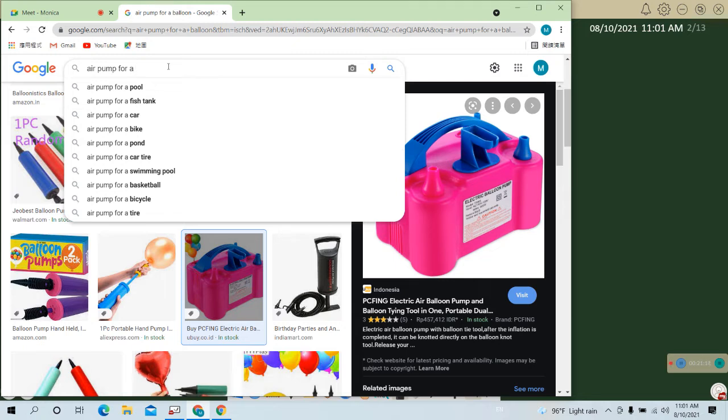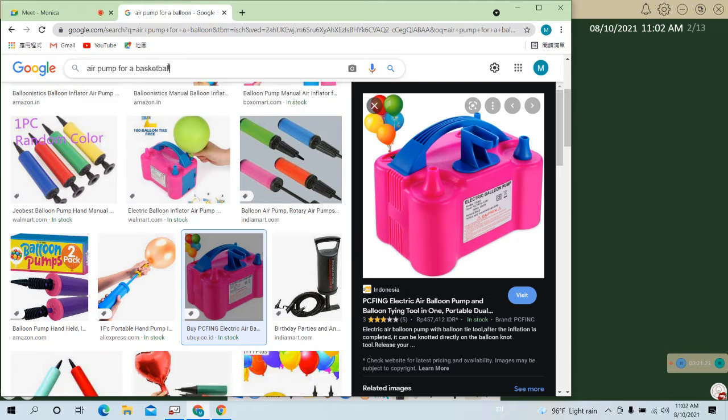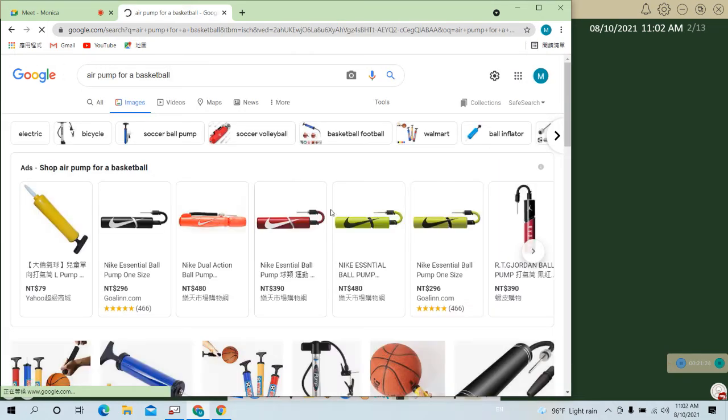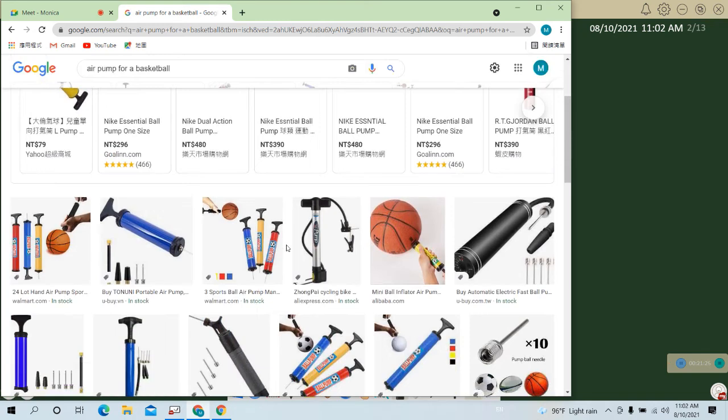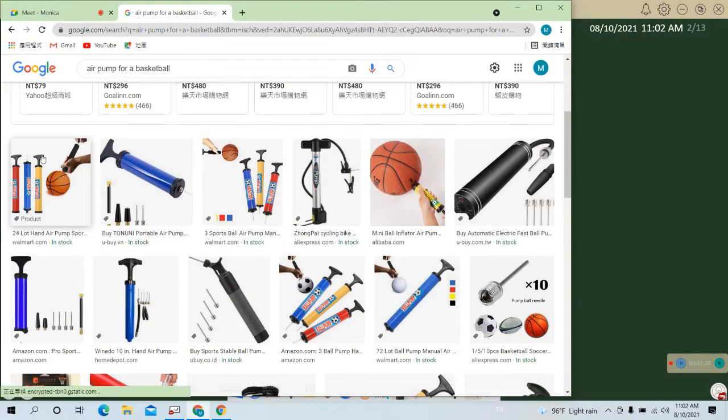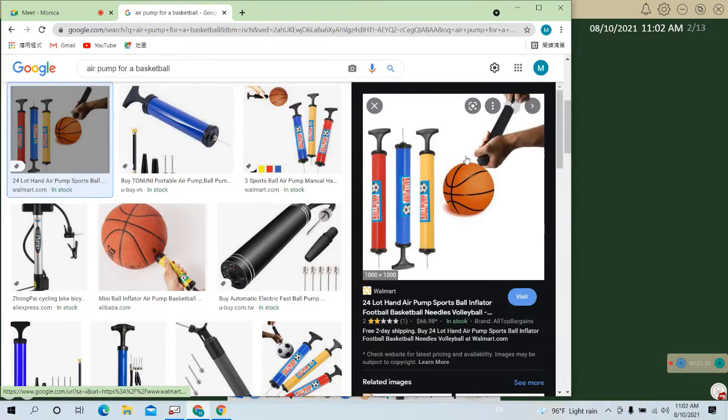Yes, Austin. Ball. What kind of ball? Basketball. An air pump for a basketball is almost the same as the one for the bike.